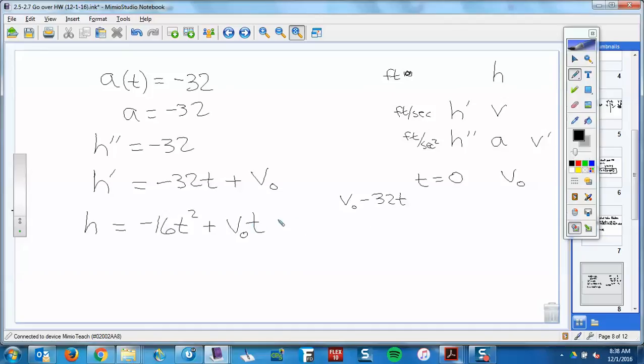And then plus some c. Now, what is that c? Well, again, at time 0, this would disappear and this would disappear. So c would just be my height at time 0, which we could call our initial height. So I'm going to erase that c and I'm going to just call that h sub 0. Okay?